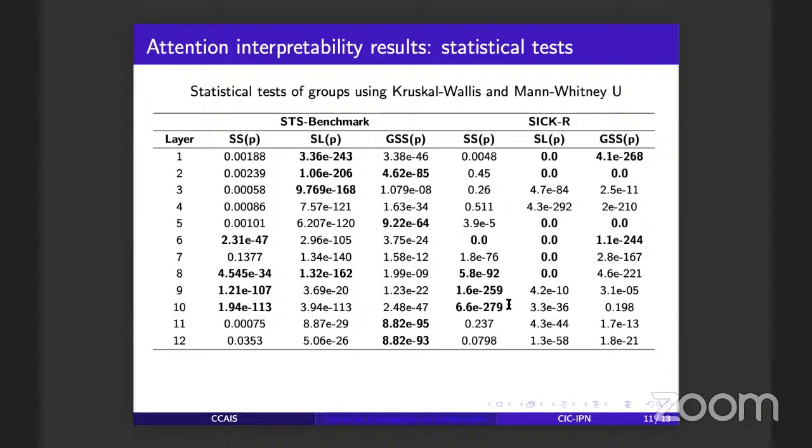So you can appreciate in the case of semantic similarity for layers 6, 8, 9, and 10, the results are lower in p-value. It is the same case in the two datasets. So the result is consistent.